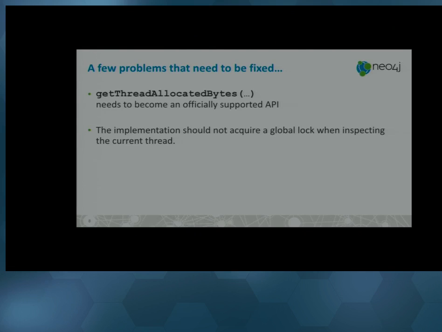Which means that even though we use this in Neo4j, where you can turn on tracing of allocation for your queries and get information about how much data was allocated while your query ran, it unfortunately leads to contention, so it's turned off by default.